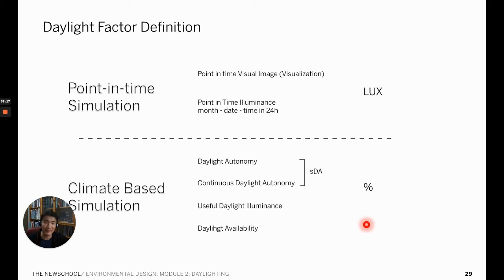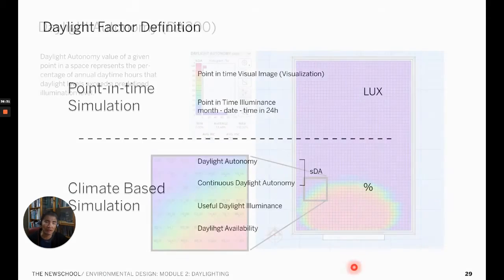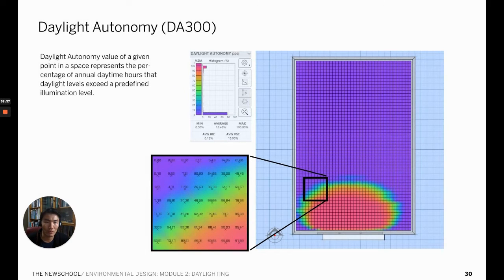This may sound complicated. I will go over this again on the next slide. Daylight autonomy shows the very basic process of this daylight simulation process. When we look at the result of the daylight autonomy, at a given point, it is telling us the percentage of the occupied hours at these particular points that is above a certain illuminance threshold.